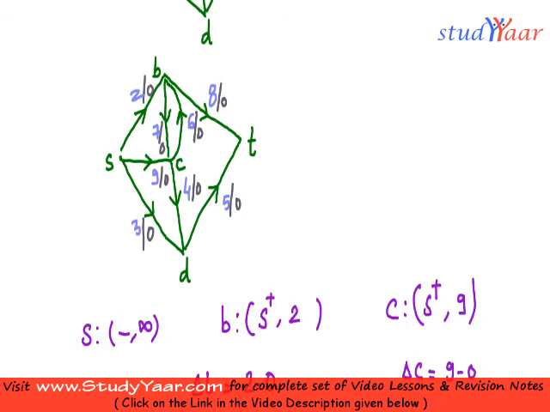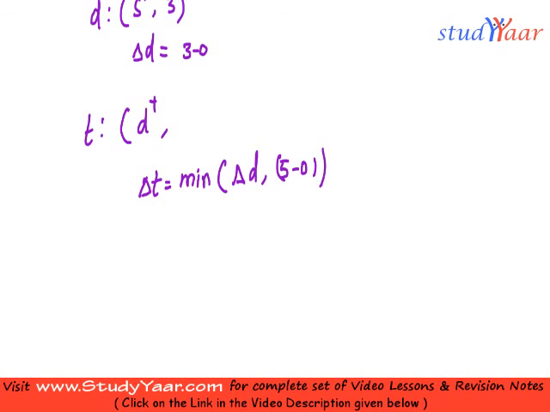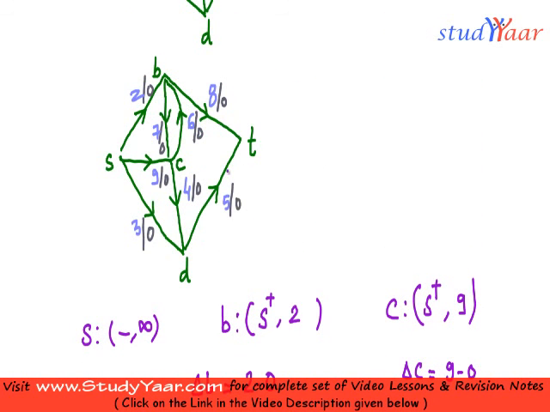So over here delta T is equal to minimum of 3 comma 5. So it is going to be 3. So T is D plus comma 3.